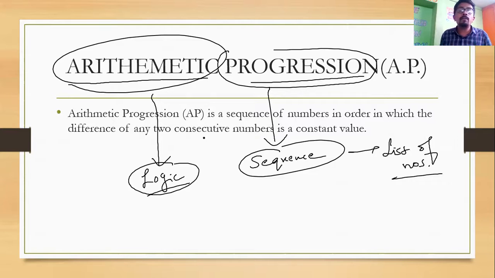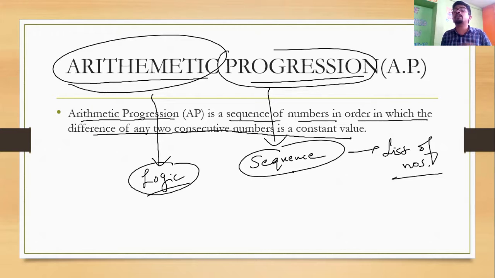Let us have a quick look at the definition. Arithmetic progression is a sequence of numbers in order in which the difference of any two consecutive numbers is a constant value. Means the difference of any two consecutive numbers should have the same value. Then this sequence is called arithmetic progression.